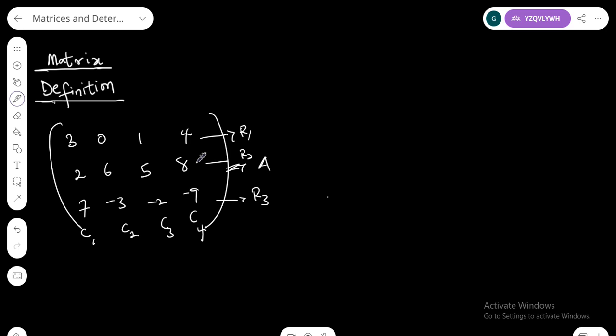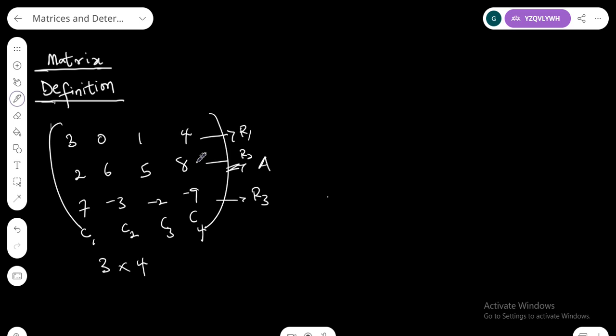So we say that this is a matrix of order 3 by 4. Order 3 by 4 means that it has 3 rows and 4 columns. So the order of a matrix is determined by the number of rows to the number of columns. It is always row first before the column.